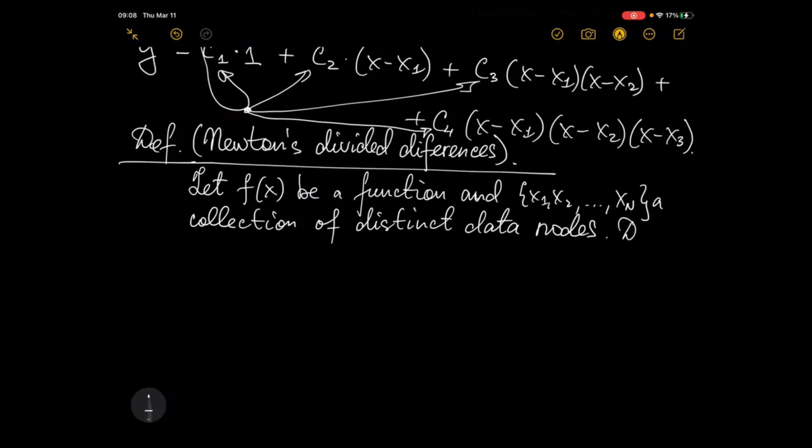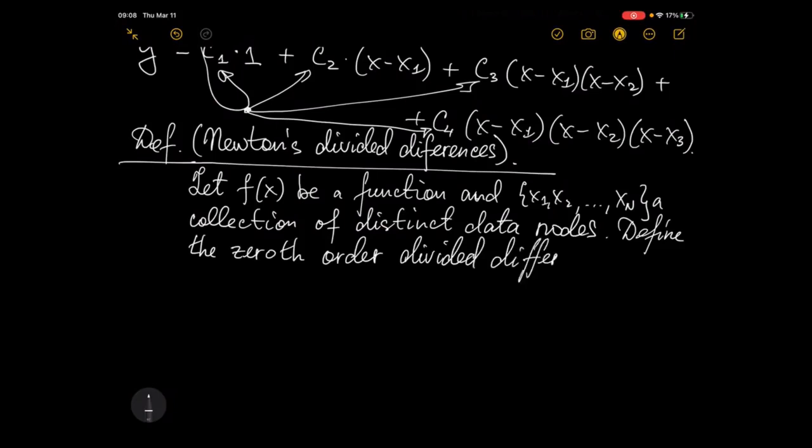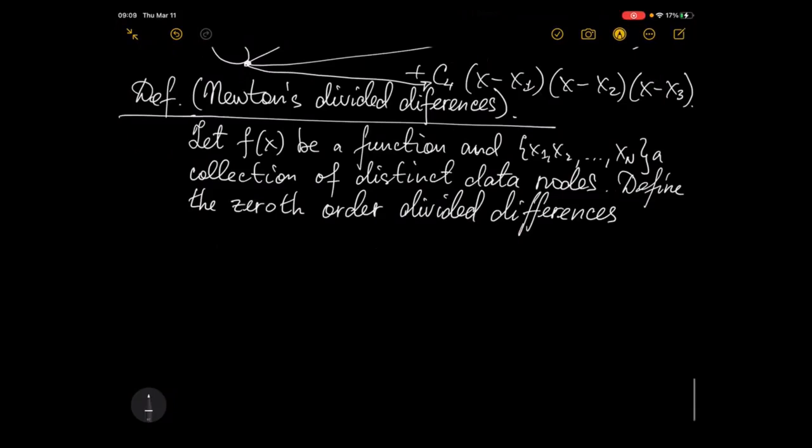Define the zeroth order divided differences as f of xi, which will be equal to just the value of our function at the point xi, for i going through all the points.